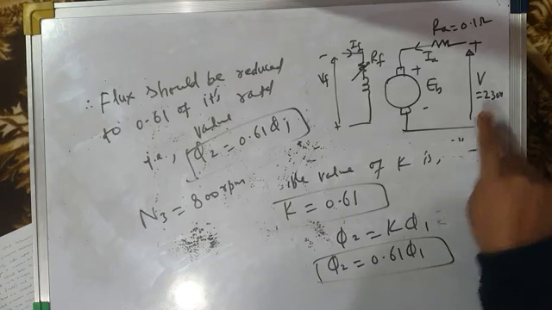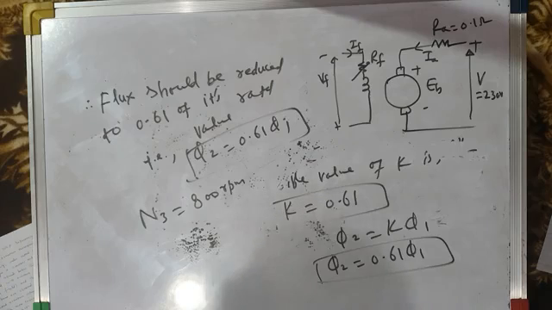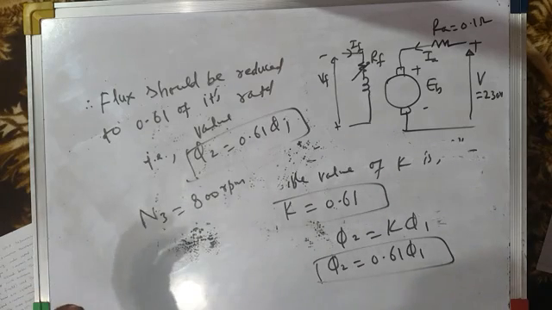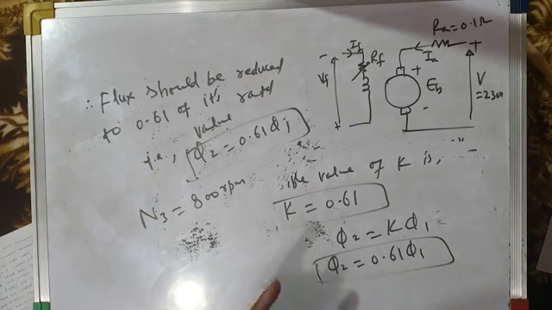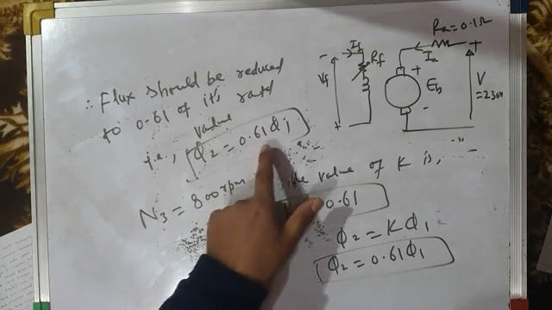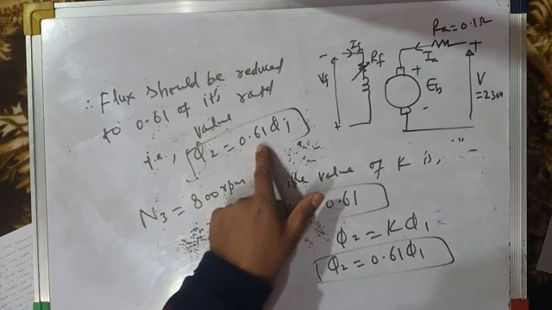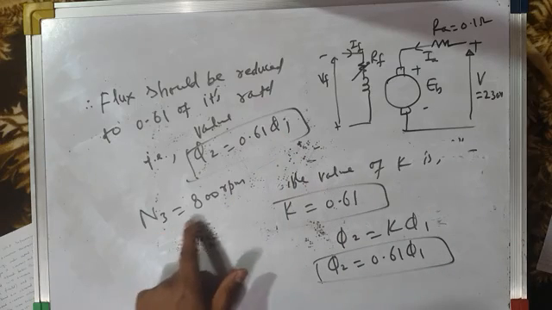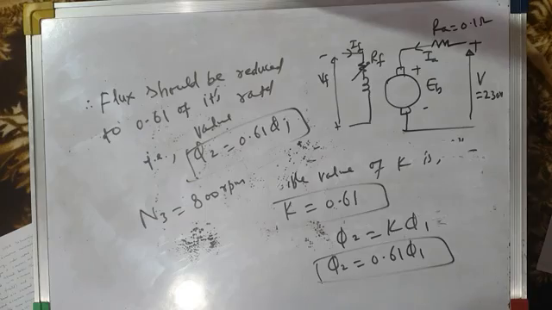That's part A. In part B, you are supposed to use the field control method, in which you get a speed higher than base speed, 800 rpm. It was asked by how much the flux should be reduced to get 800 rpm. We solved the problem and found that the flux should be reduced to 0.61 of the rated flux in order to get the higher speed of 800 rpm.